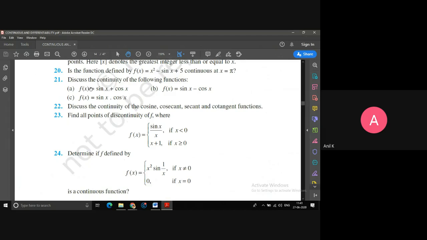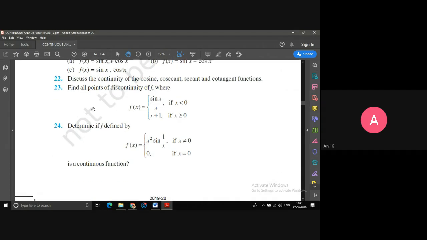Next, question 21, discuss the continuity of the function. Here also, the sum of two continuous functions is continuous. The difference of two continuous functions is continuous. The product of two continuous functions is continuous. Like this you can discuss. Even 22 also, cosine, cosecant, secant, cot functions.